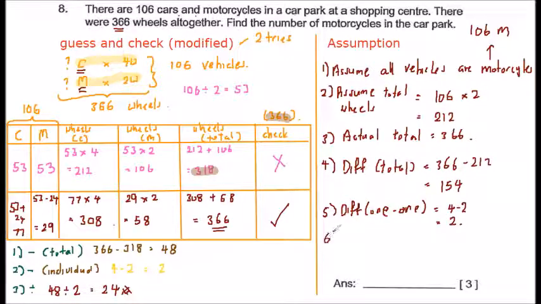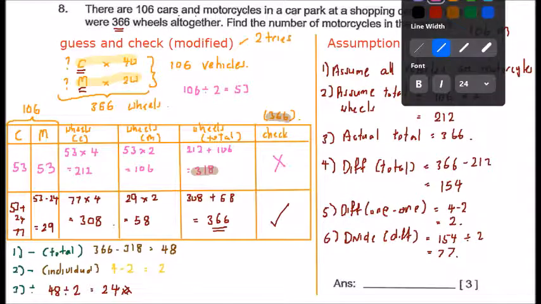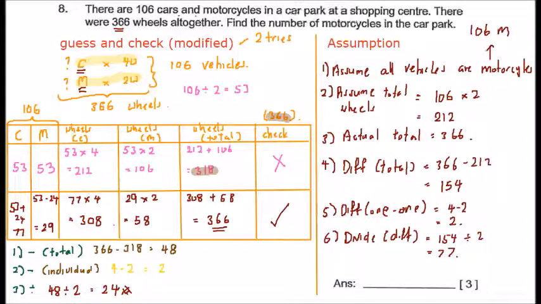Okay, then number 6, what we do is that we divide the difference. So when we divide the difference, it is 154 divided by 2. We have 77. Okay, guys, now I want you to take a look here. If we assume that all vehicles are motorcycles, that means this 77 will be the opposite.